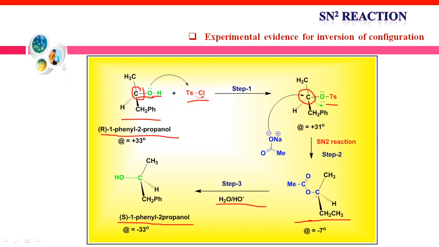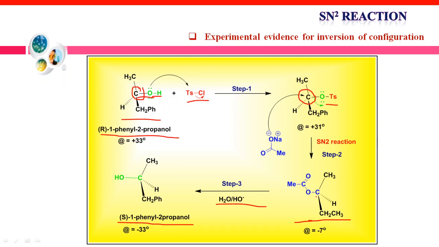On the basis of this three-step reaction sequence, only step 2 involves the backside attack of nucleophile, where the bond attached to the chiral carbon is broken and inversion of configuration occurs. This experiment shows that only in SN2 reaction inversion of configuration occurs, and this inversion of configuration occurs due to the backside attack of nucleophile.